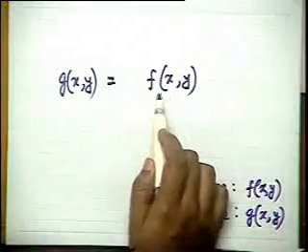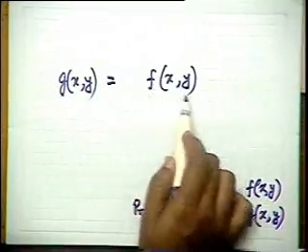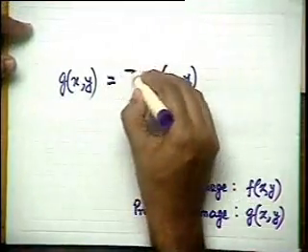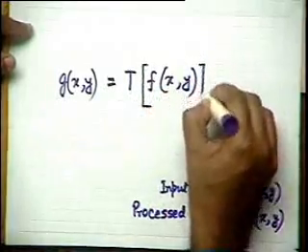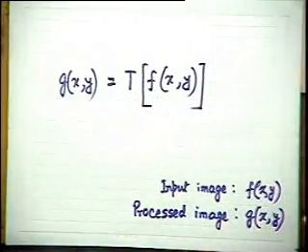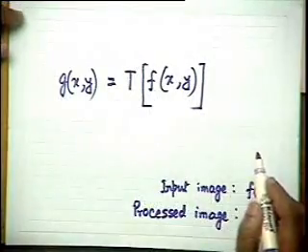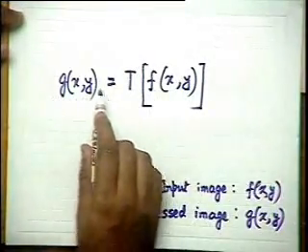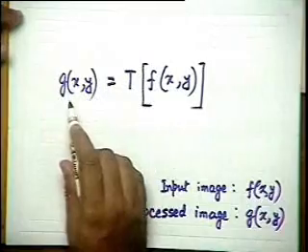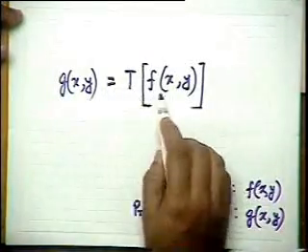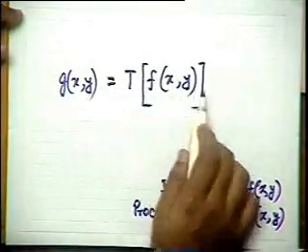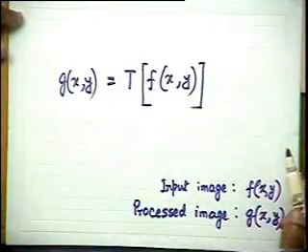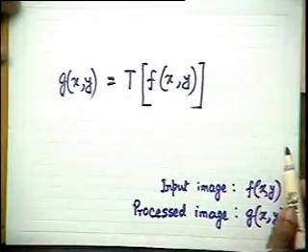So g(x,y) should be some function of the input image, and let me call that function T. So the overall expression is that the processed image's grayscale value g(x,y) is some function of the intensity value of the original image. Now what kind of function is this? That is the most pertinent question. What is this T?